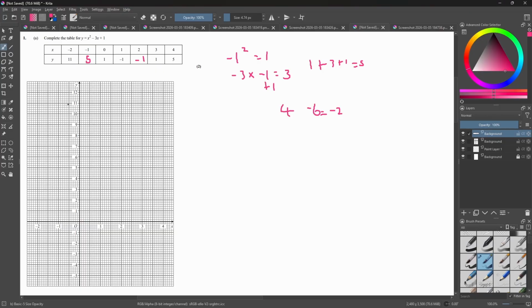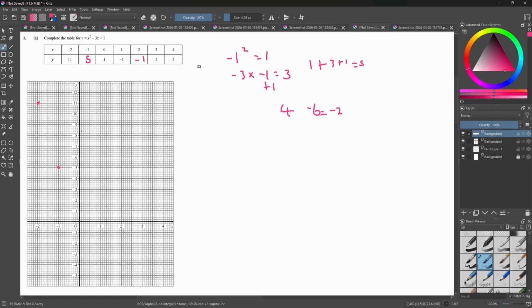So when we go to x is minus 2, y is 11. So let's put that there. When x is minus 1, y equals 5. So let's put that there. I would do crosses, but I'm not precise enough with this thing that I'm writing on.